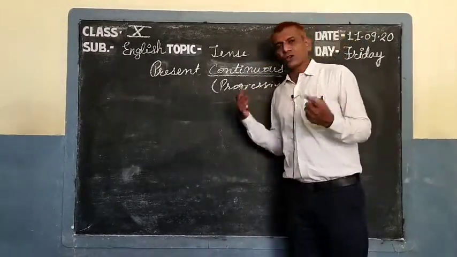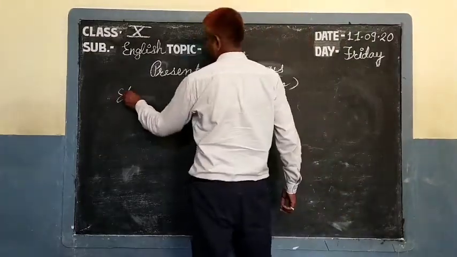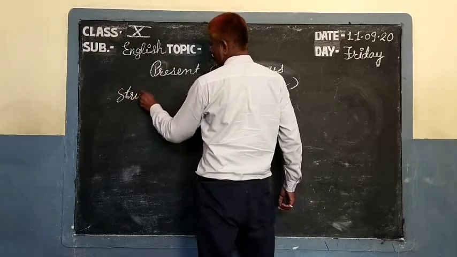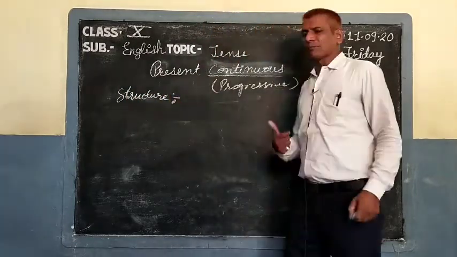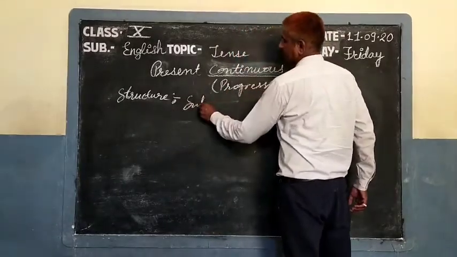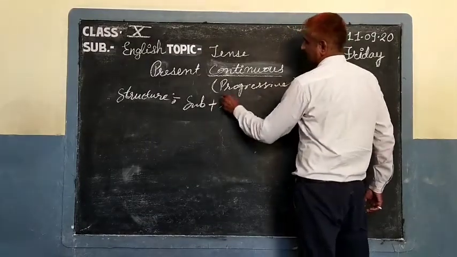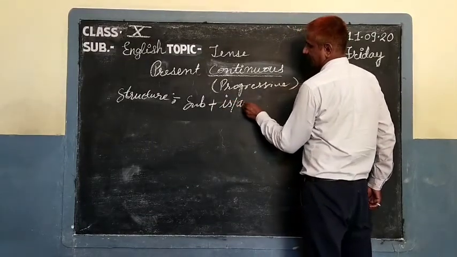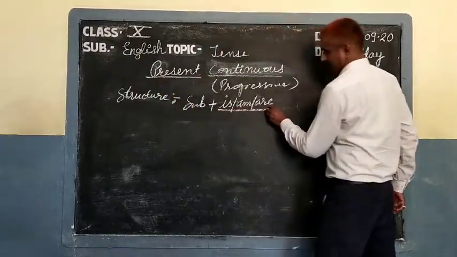So, present continuous. First of all, I tell you the structure. Structure is a very important thing; we must know it. Subject plus the verb is, am, are in present.